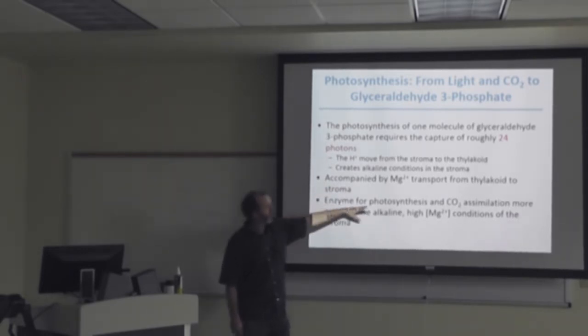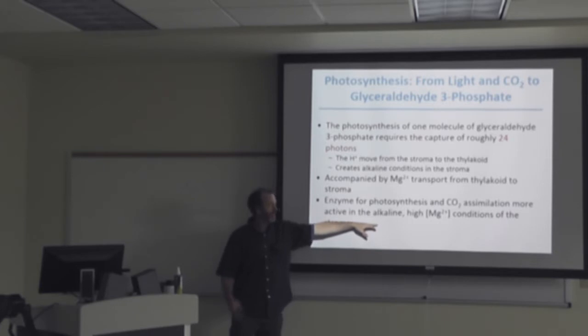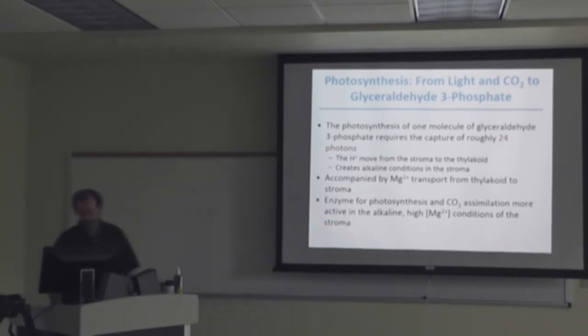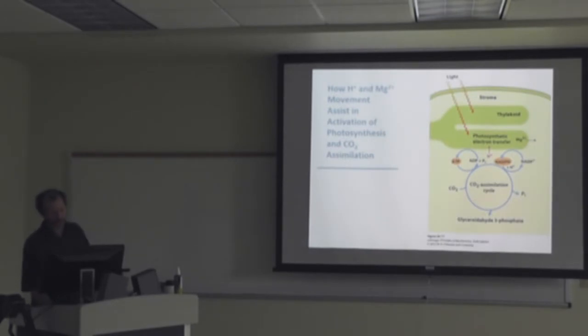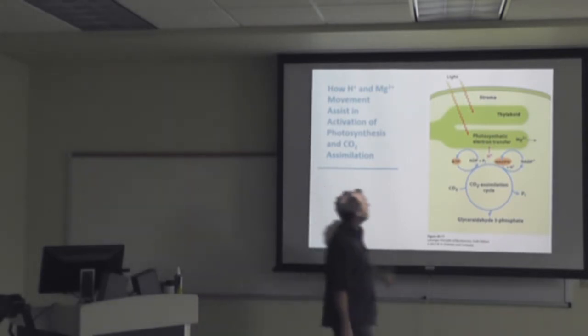The enzymes for photosynthesis and carbon assimilation are more active in the alkaline, high magnesium conditions of the stroma. So this is how hydrogen ion and magnesium movement assist the activation of photosynthesis and carbon assimilation.